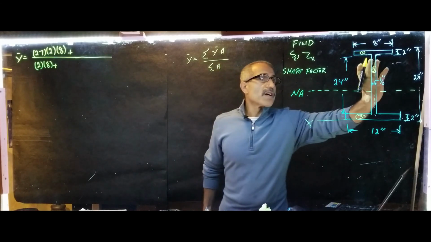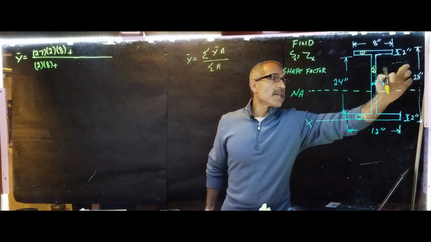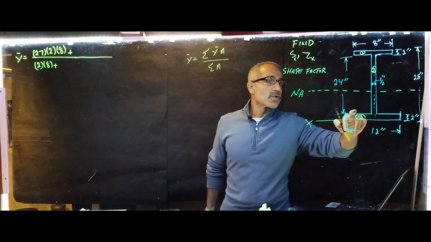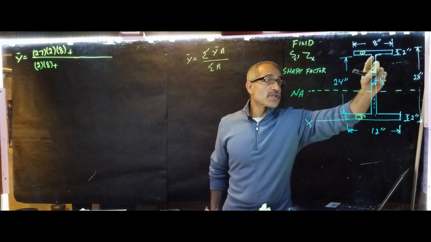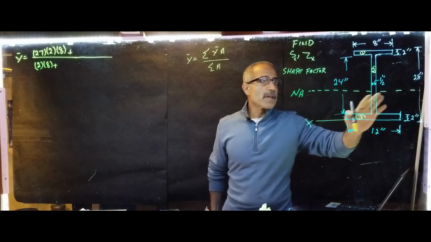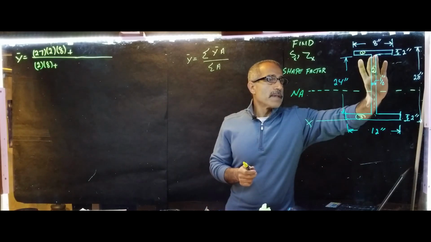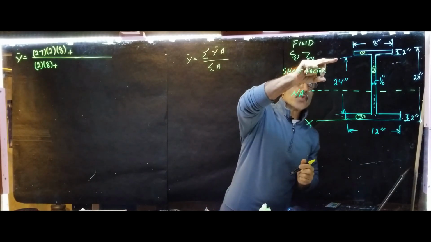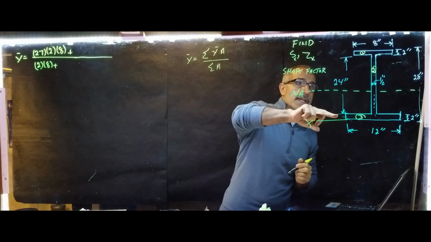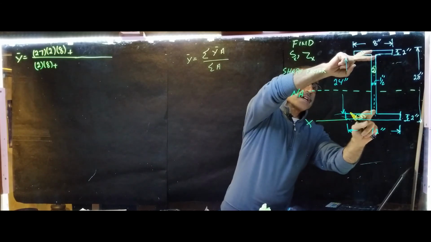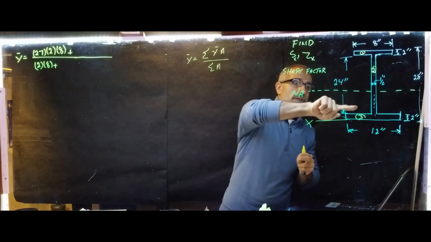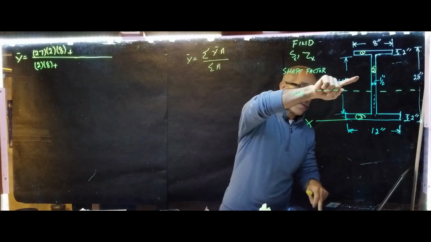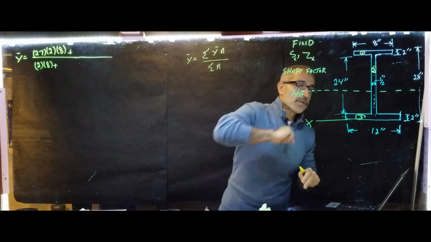The web is 24 inches tall, so its center, just the web, never mind anything else, is 12 inches from its bottom. Since the flange is 2 inches, that's 12 plus 2, which is 14.